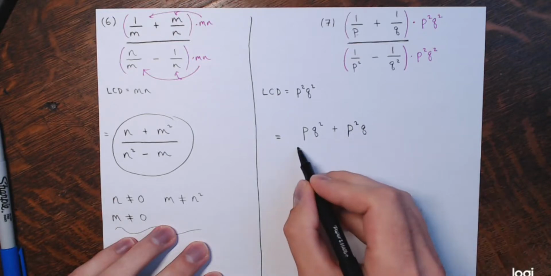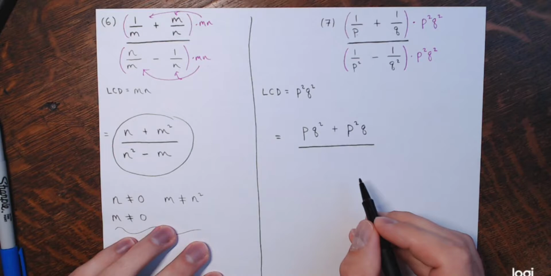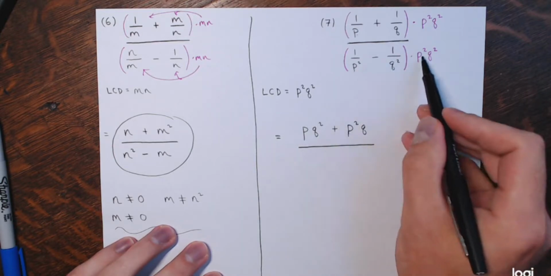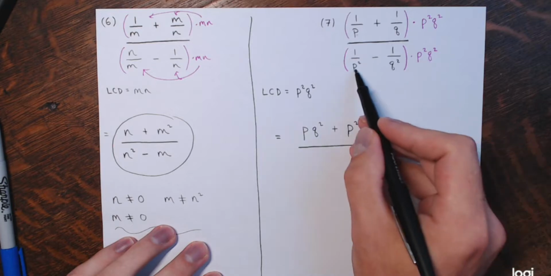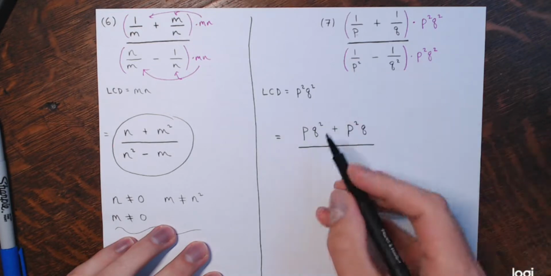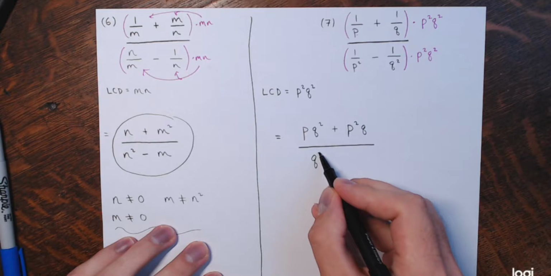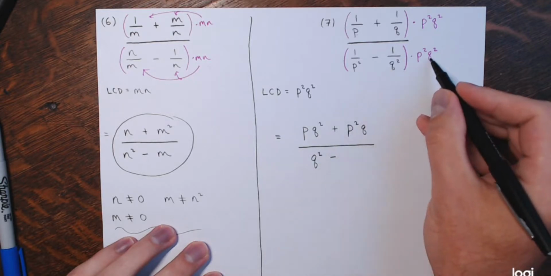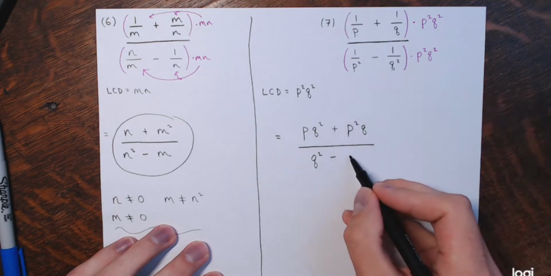So there's the numerator, divided by, and then when I multiply each term of the denominator by p squared q squared, the p squareds cancel in the first term, leaving me with q squared, minus, and then the q squared would cancel in the second term, leaving me with p squared.